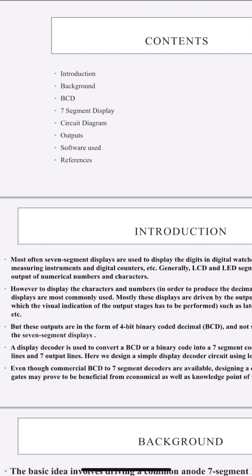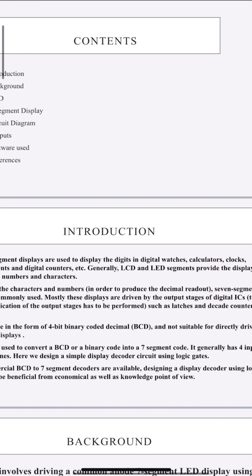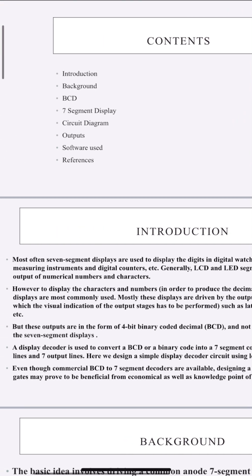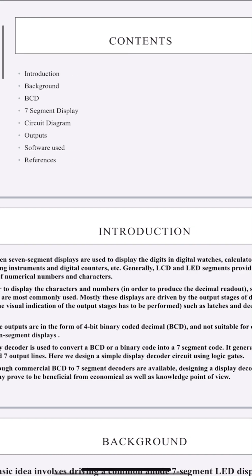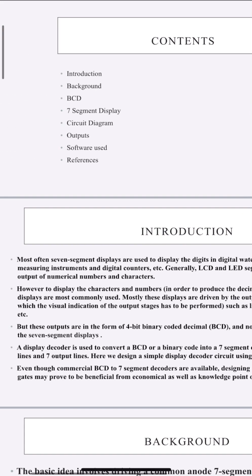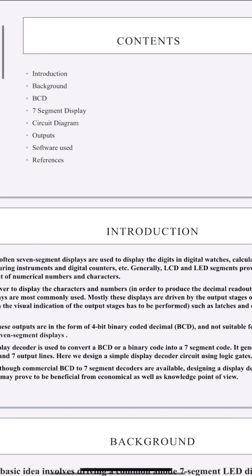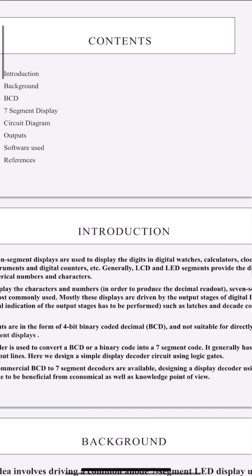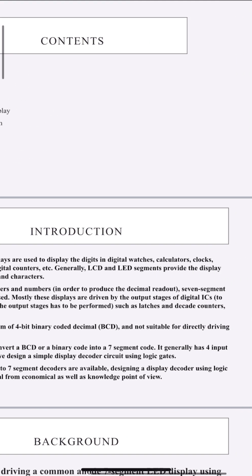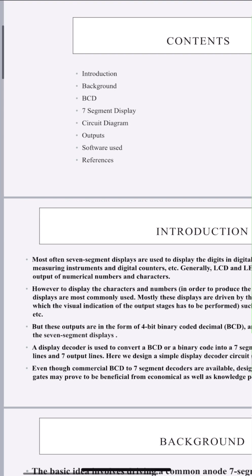However, to display the characters and numbers in order to produce the decimal readout, 7 segment displays are most commonly used. Mostly, these displays are driven by the output stages of the digital ICs, to which the visual indication of the output stages has to be performed, such as latches, decoders, counters, etc.